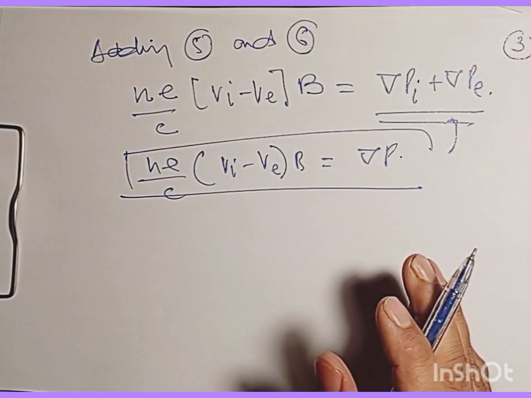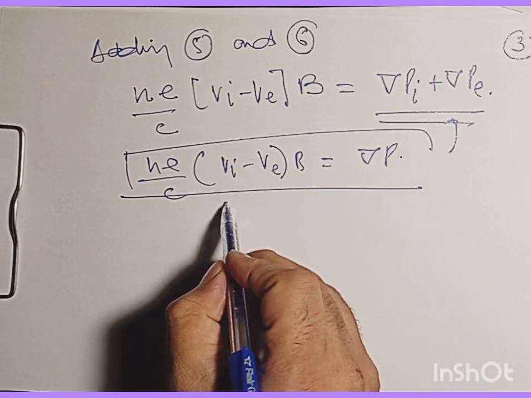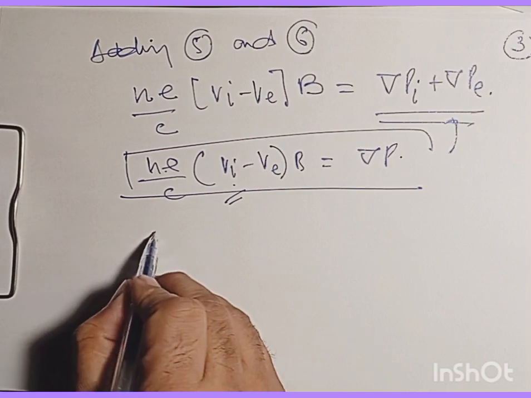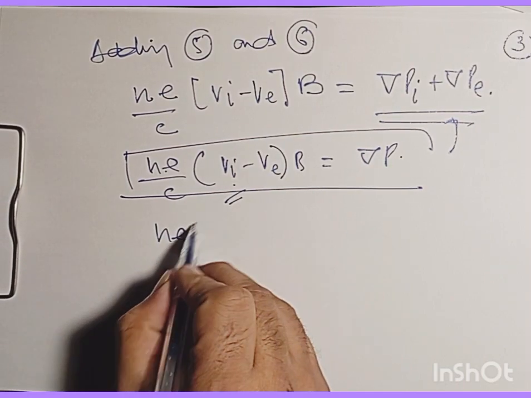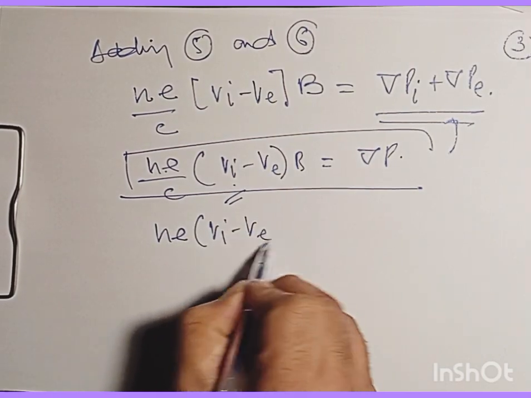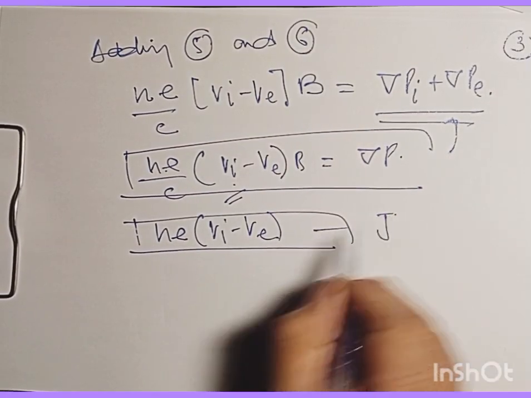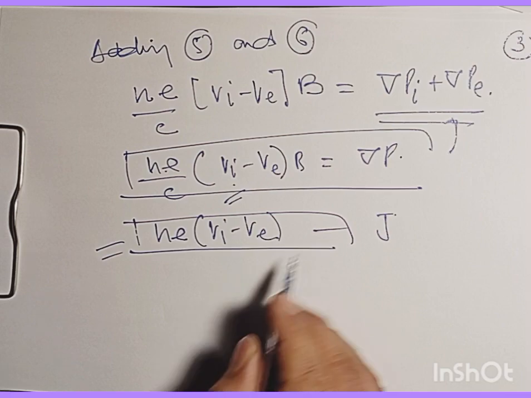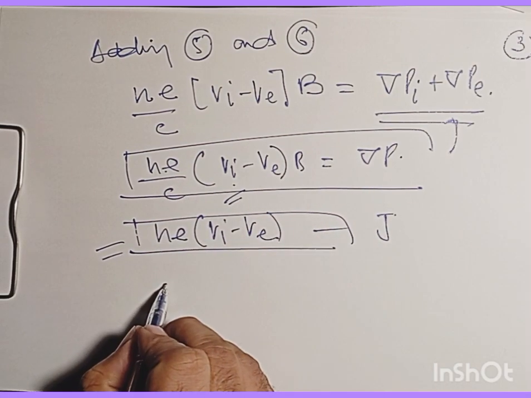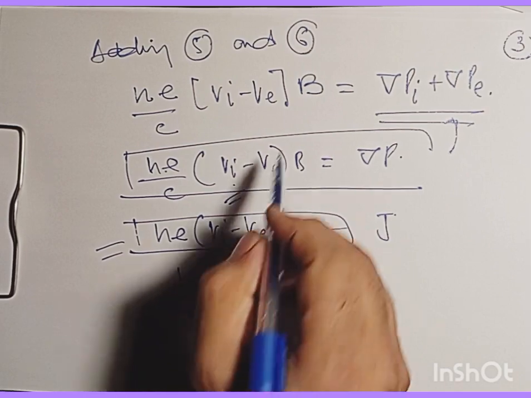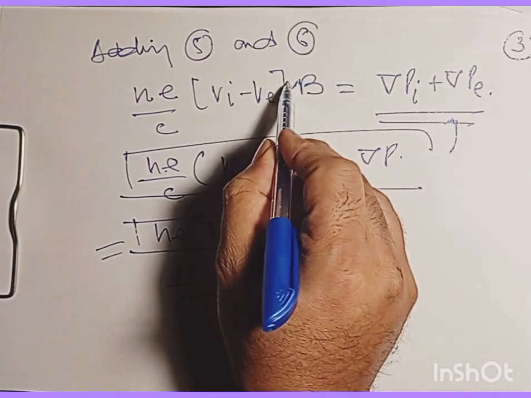Now, if we take on this Ne, this is simply Ne Vd, Ne (Vi minus Ve). What is this? This is J. This is current density, and we can use J for this. And what will we get? We'll get 1 by c. I think I have missed the cross here, so it's cross.